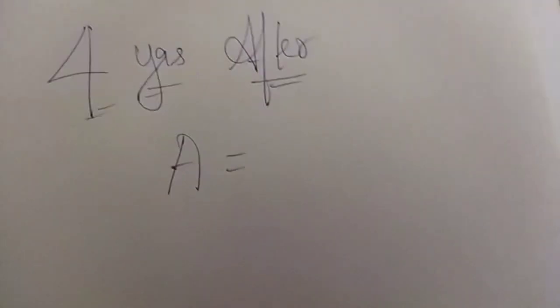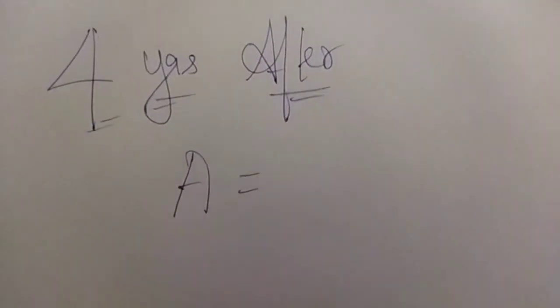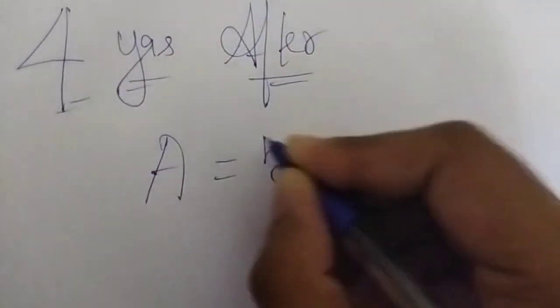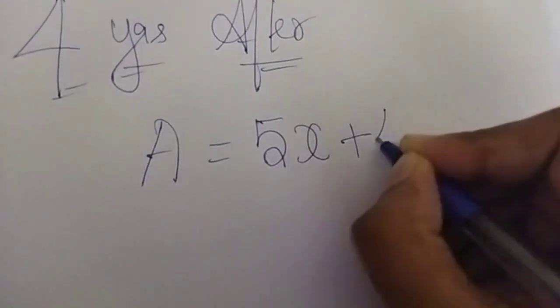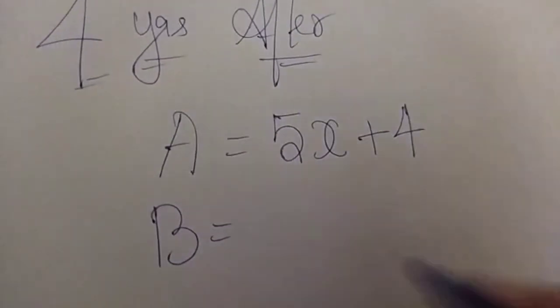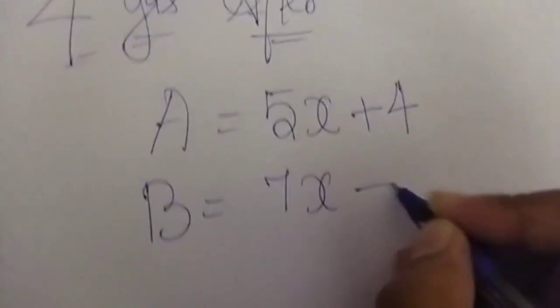Now, present age of A is 5x. Then what will be the age of A after 4 years? After 4 years means 5x plus 4. And the present age of B is 7x. After 4 years means 7x plus 4.